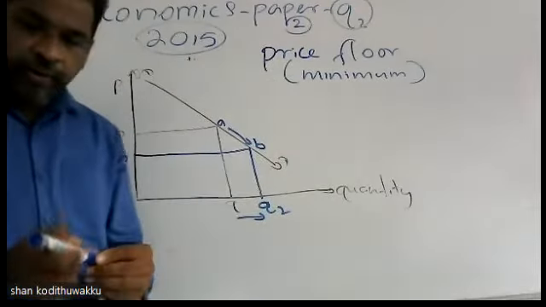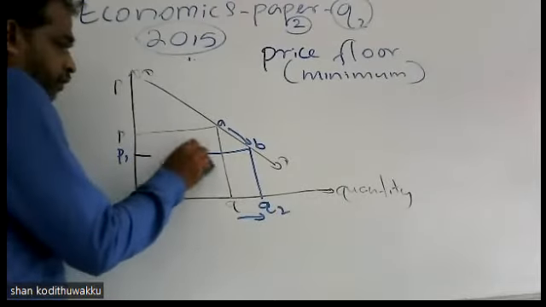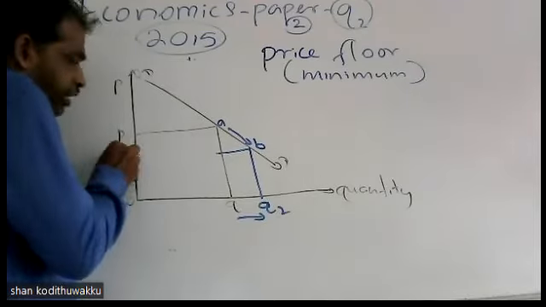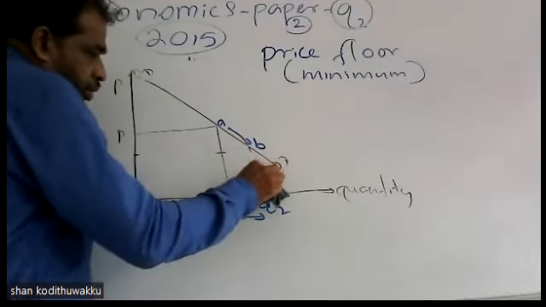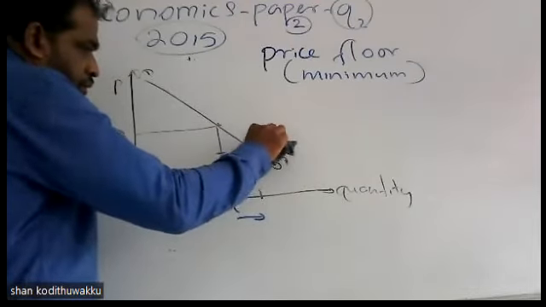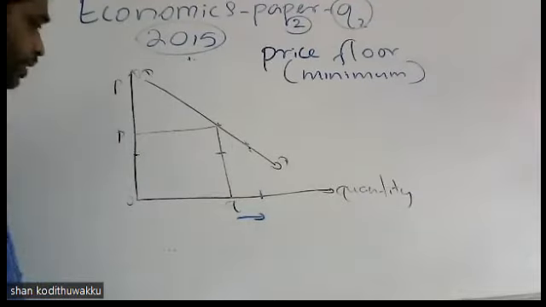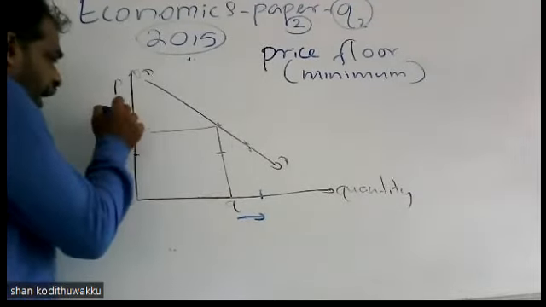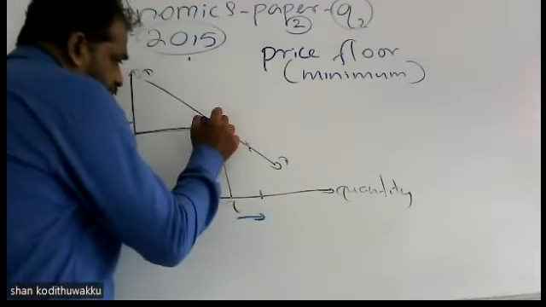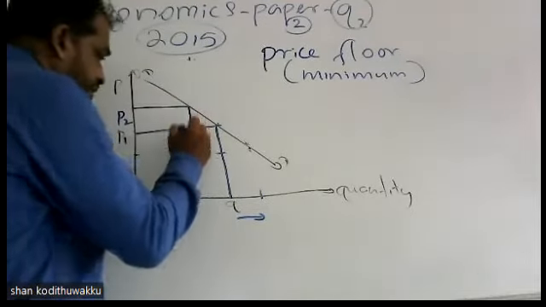Normally, price floor or minimum price will be a price which is above the equivalent price. Price floor or minimum price will be a price which is higher than the market equivalent price, like this.